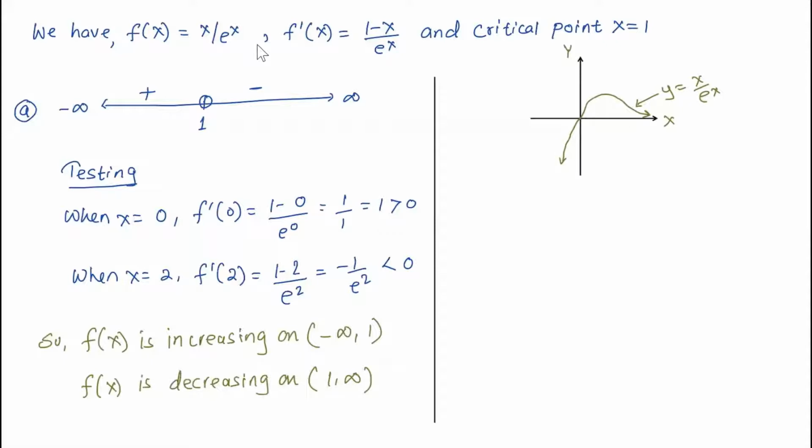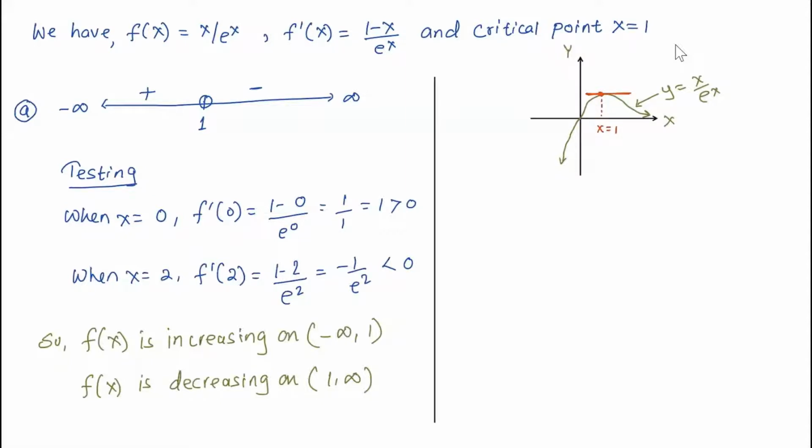And then this is the point x equal to 1. Here, the derivative is 0. That is the critical point. Meaning of that is, if the first derivative is 0, the slope of the tangent line is 0. So if you try to draw the tangent line there, the tangent line is horizontal.